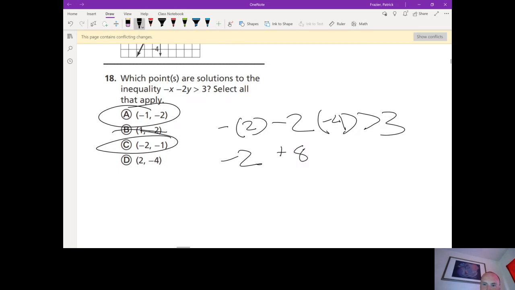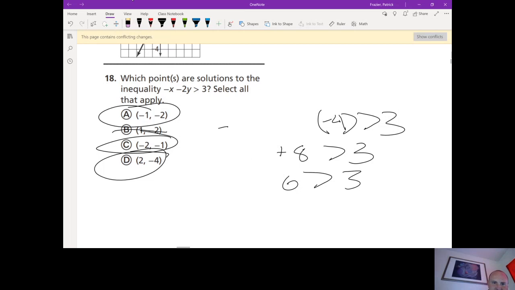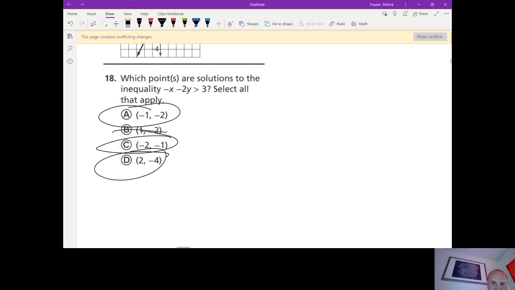So negative 2 plus 8 is the same thing as 8 minus 2, so that's 6. 6 is greater than 3, so that's also a winner. So, in conclusion, A as in Alpha, C as in Charlie, and D as in Delta are correct, but B as in Bravo is incorrect.